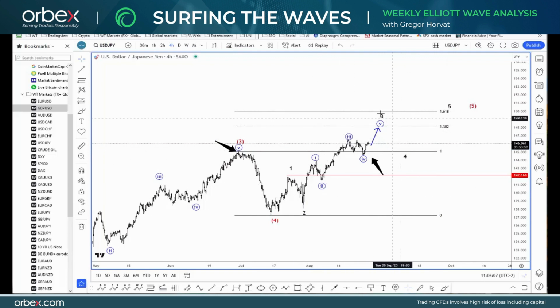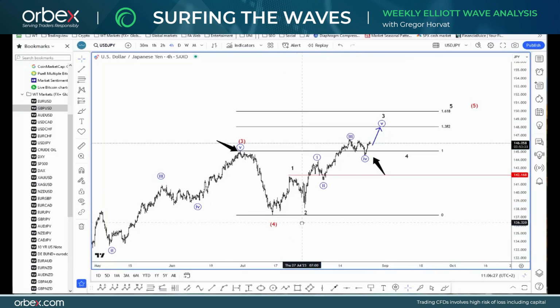But once we get into this upward zone, just keep in mind that the Bank of Japan may also highlight these FX levels, and I think that the closer we go to 150, the higher the chance that interventions will show up from the Bank of Japan, which clearly does not like to see the Japanese yen weakening so much.